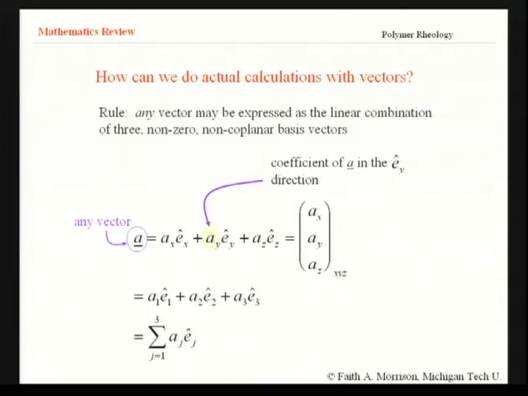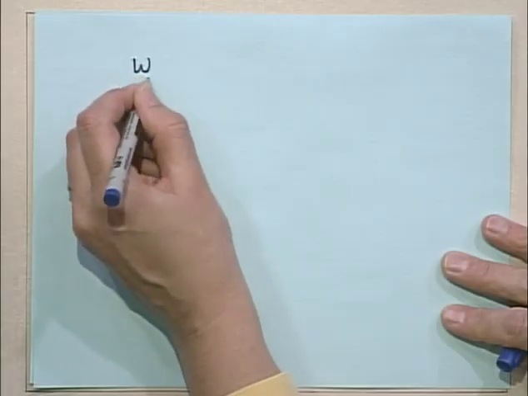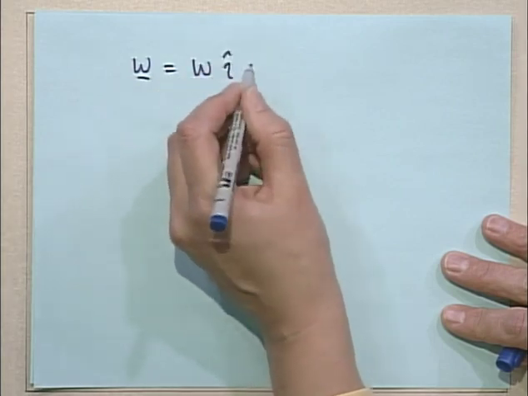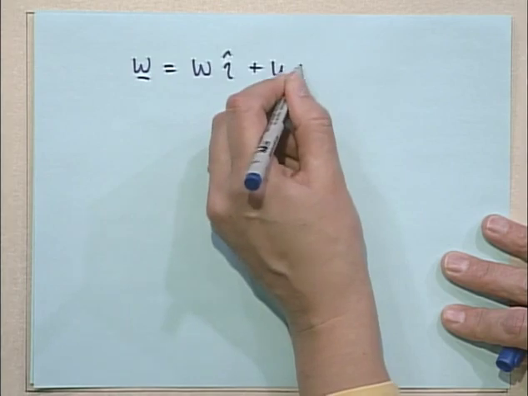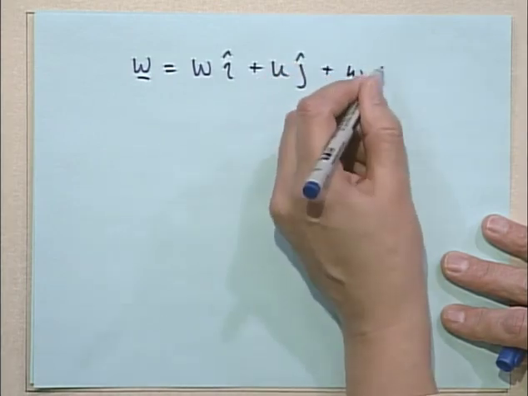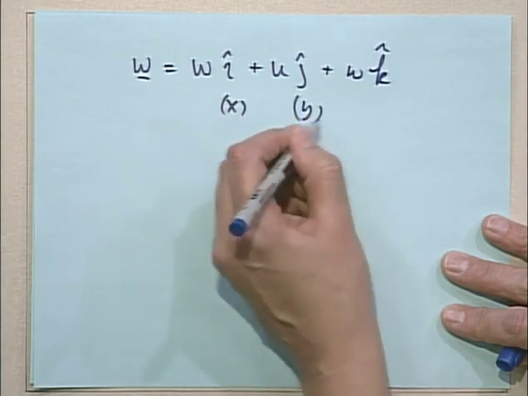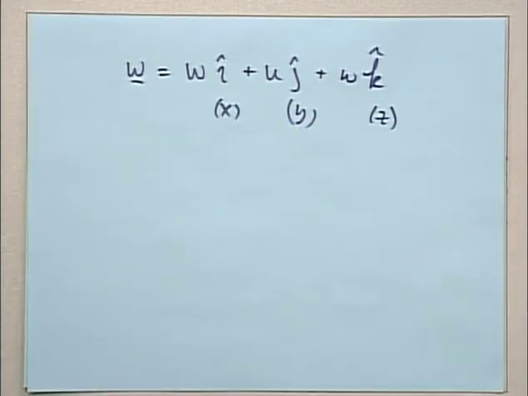You've probably seen this one, where you have a vector W, let's say, that might have a coefficient in the i direction plus a coefficient in the j direction plus a coefficient in the k direction. So this would be the X direction, this would be the Y, and this would be the Z. That's fine nomenclature. The only problem is it's not as easy as a numbered system for handling the kind of repetitive calculations that we need to do.